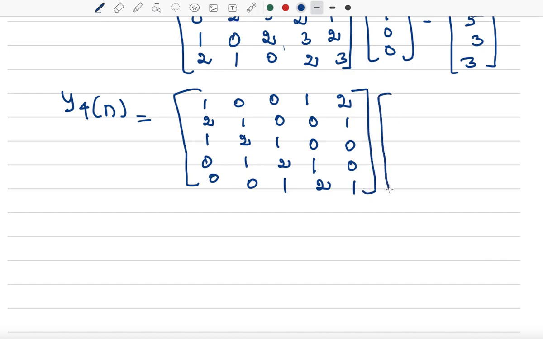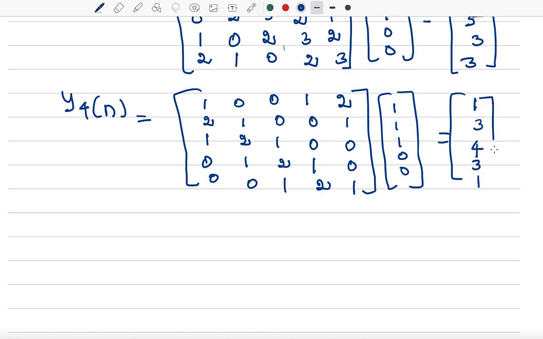So the impulse response 1 1 1 0 0. The output will be the matrix multiplication, the second row into this column, that is 3, and then 4, 3 and 1. Okay, so the convolution part we applied is over.